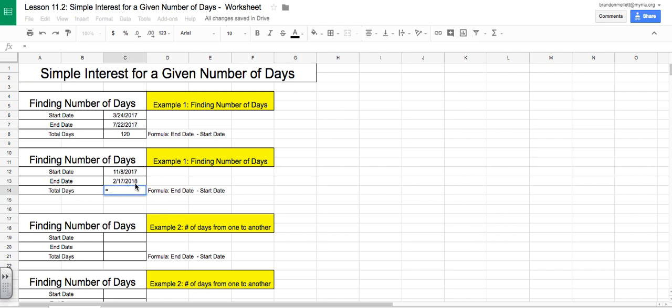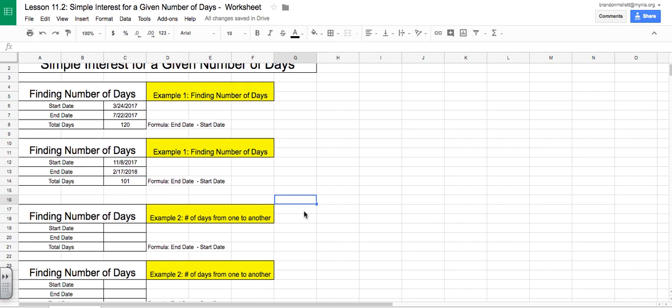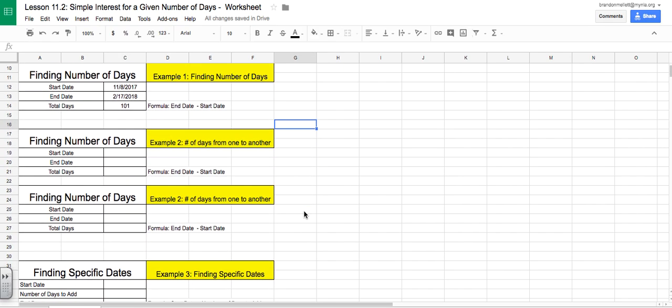So the formula: end date minus start date, enter. For the first example, we got 120 days, and for part B in example 1, we got 101 days. Again, when the dates overlap into a different year, make sure you change the year.